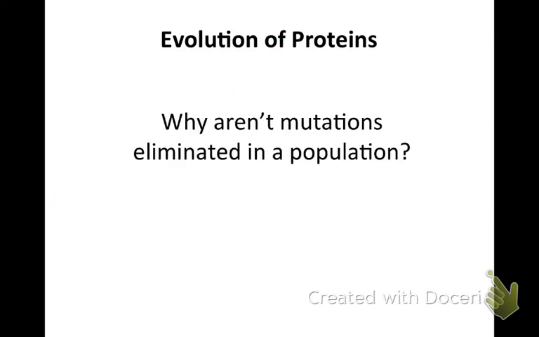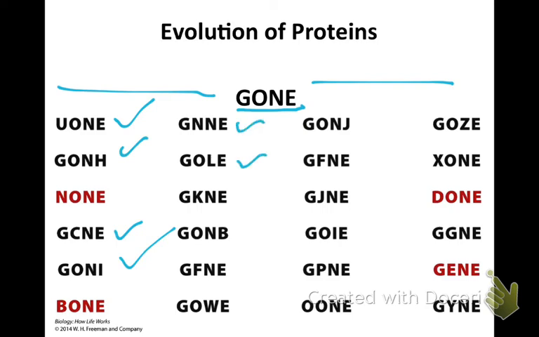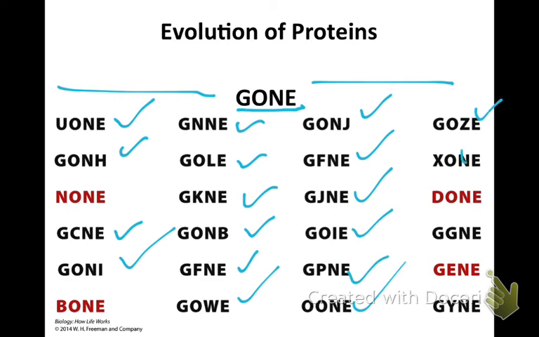What I'm saying is that the sequence needs to be appropriate in whatever sequence we're talking about in order for it to achieve that specific conformation or shape. So what can happen is I can definitely create a bunch of nonsense. All of these are nonsensical. They don't translate into anything, and they won't be selected for usually.